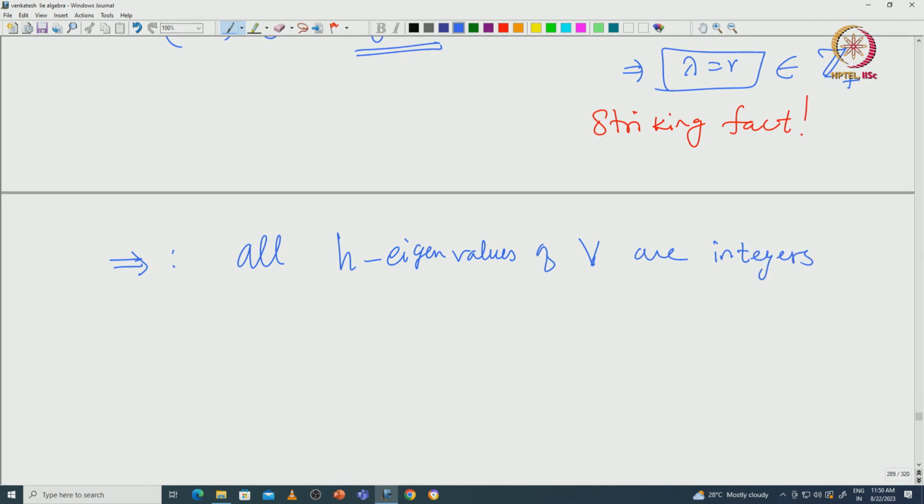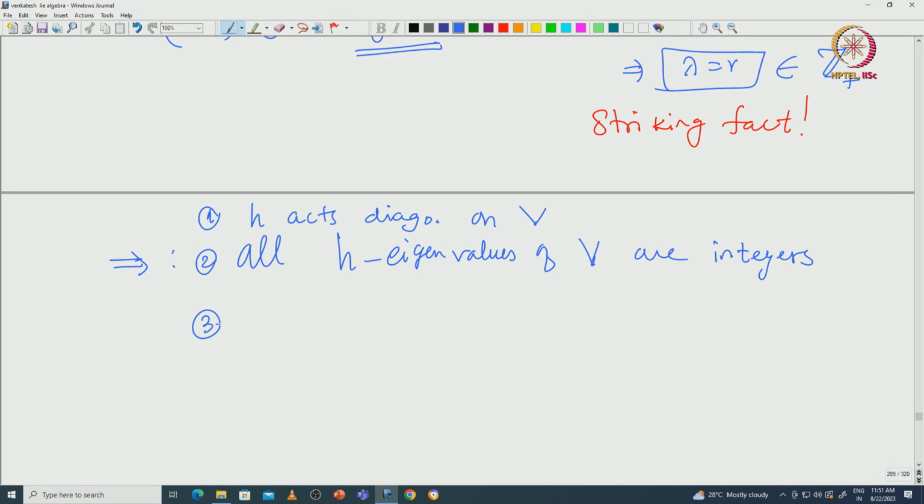Okay. So, the very first assertion is that H acts diagonalizably on V. Second is all H eigenvalues are integers.